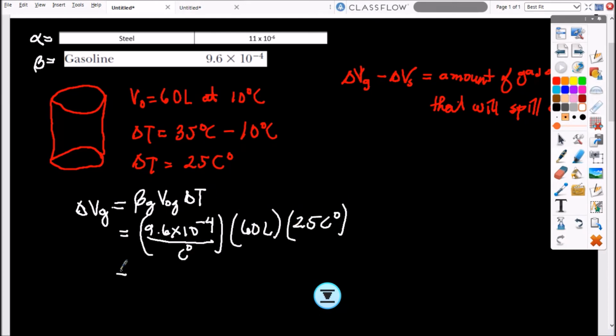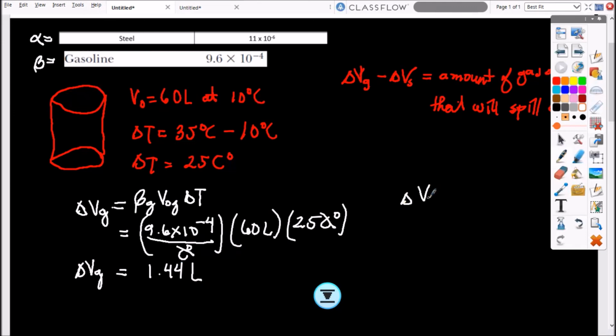Use your calculator to double check. That's 9.6 times 10 to negative 4 times 60 liters times 25. So the change in volume of gasoline is approximately 1.44. Since we have liter as the unit of volume, we can cancel Celsius degree here, so what is left is liter. So this is the change in volume of the gasoline.